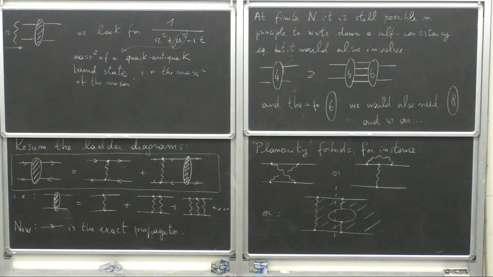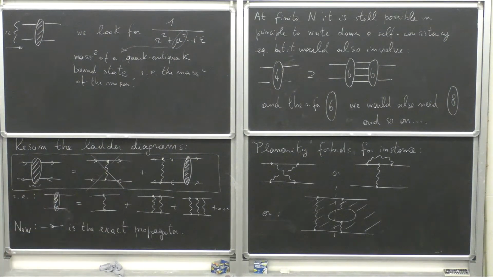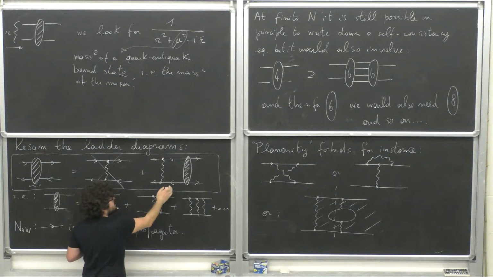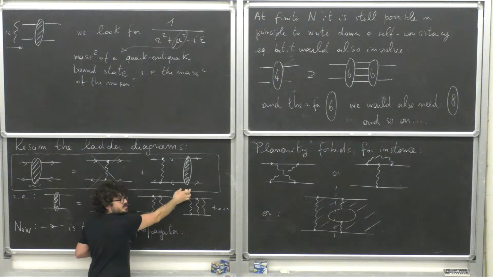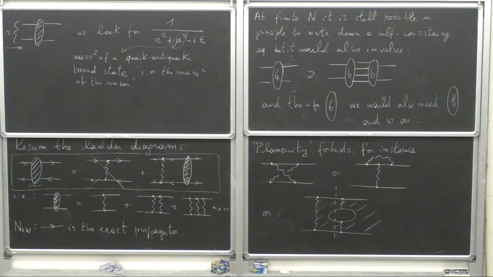However, when you go to the pole, it means that this object has a divergence, and when it has a divergence, you can forget about the inhomogeneous term. So you already see that it's going to take the form of an eigenvalue equation: convolving your sausage with an exchange, you get again your exchange. This is sometimes called the Bethe-Salpeter equation. It's the Bethe-Salpeter equation for the 4-point function, which determines the bound states.